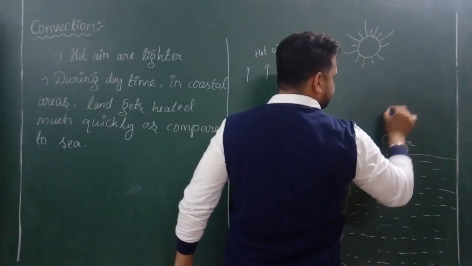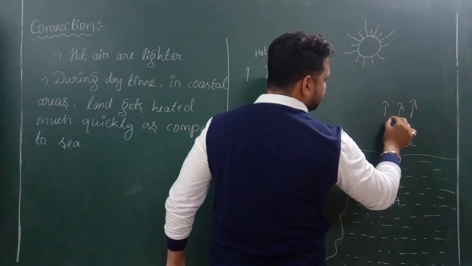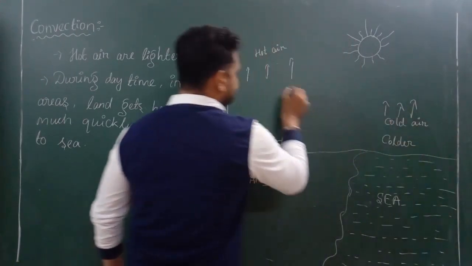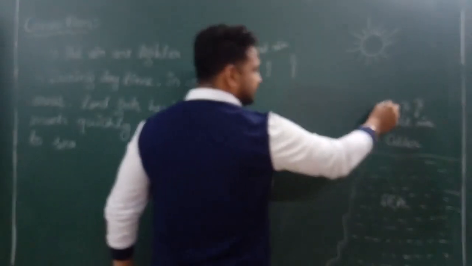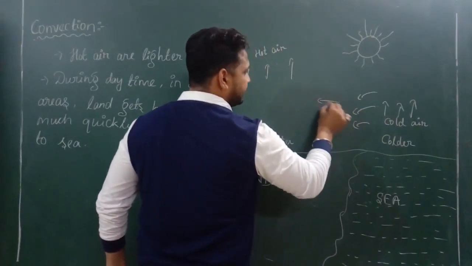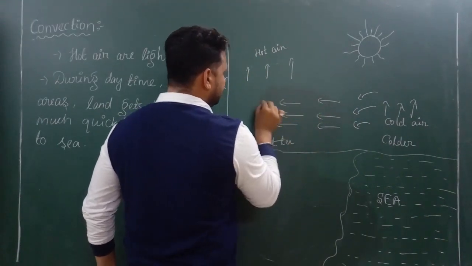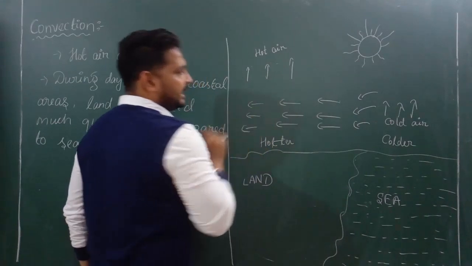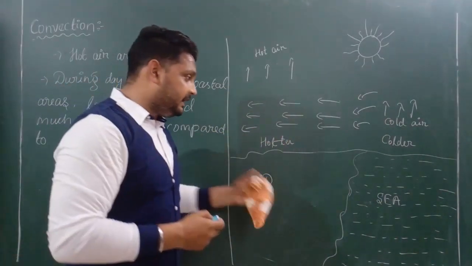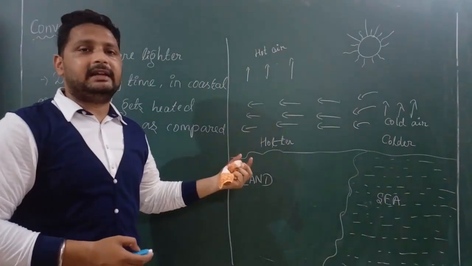Since a gap is created here, the cold air flows towards the land to fill this gap. So during the daytime, cold air blows from the sea to the land.